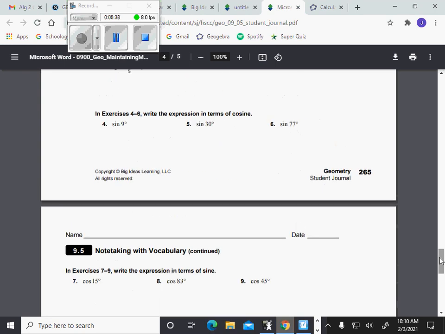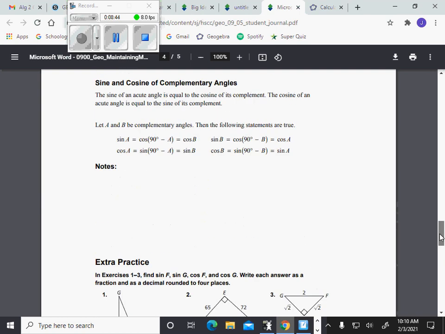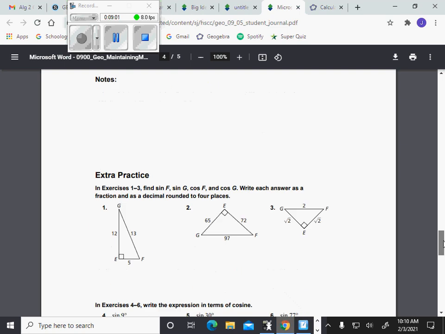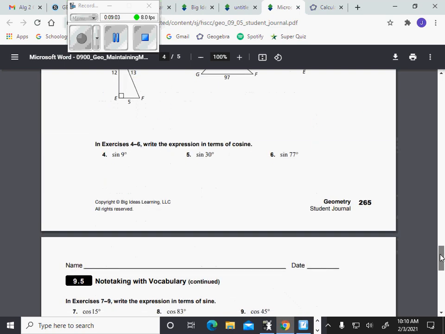Down here in exercises 4 through 6, write the expression in terms of cosine. So we have the sine of 9. Let me scroll down and check out my problem. We're doing sine.